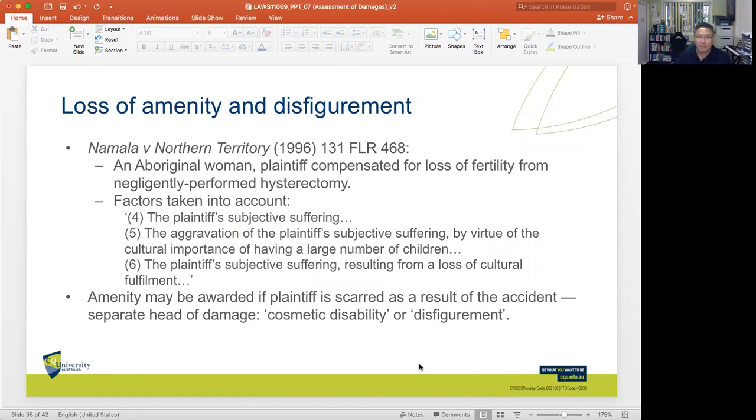So that's part of the subjective suffering as well. And the plaintiff's subjective suffering resulting from a loss of cultural fulfillment. So these are some of the factors taken into account when you speak of subjective feelings of loss and loss of amenity. The amenity may be awarded even if the plaintiff is scarred as a result of the accident. That would be a separate head of damage, such as disfigurement or cosmetic disability.